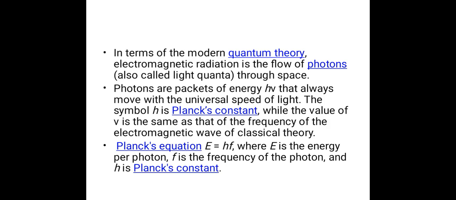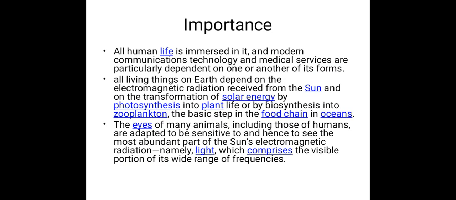The eyes of many animals, including those of humans, are adapted to be sensitive to, and hence to see, the most abundant part of the sun's electromagnetic radiation, namely light, which comprises the visible portion of this wide range of frequencies.